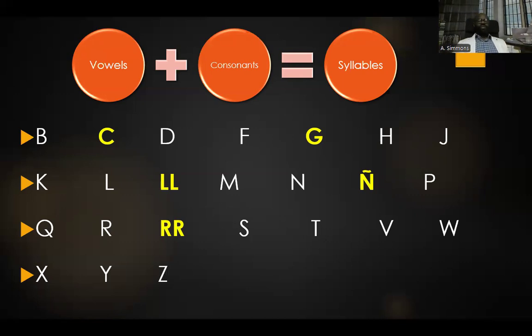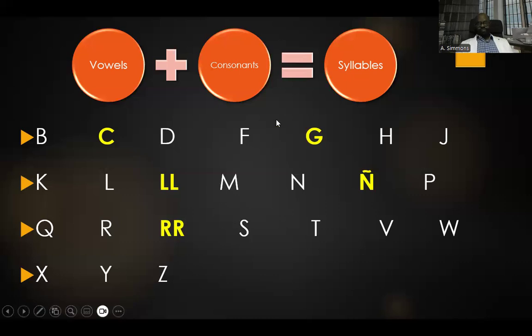Words can consist of one syllable, two syllables, three syllables, four syllables, five syllables, etc. So it's important as it pertains to writing, spelling, reading, and speaking. We must understand, memorize, even master these syllables. So sit back, relax, and let's continue.